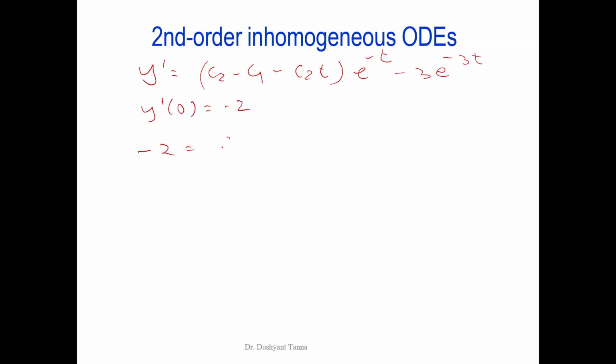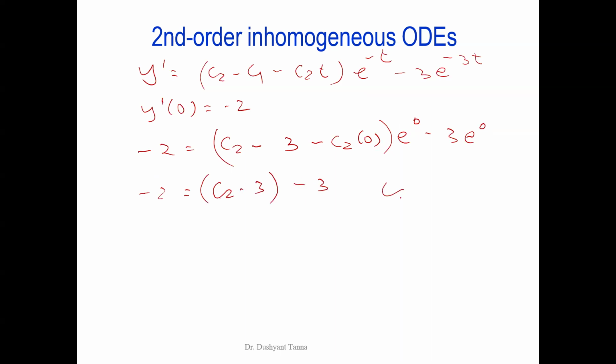So -2 is equal to c2 minus c1, which is 3, minus c2 times 0, e raised to 0, minus 3 e raised to 0. So -2 equals c2 minus 3 minus 3, and that will give our c2 as 4. So we got c1 and c2. The final step is to write everything neatly.